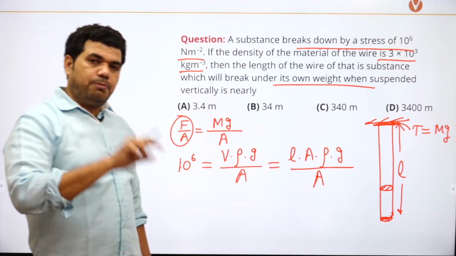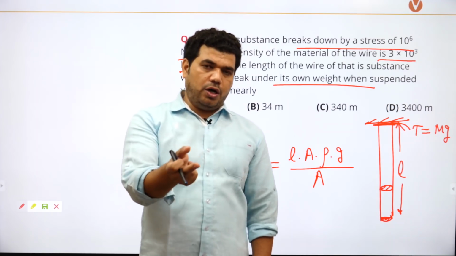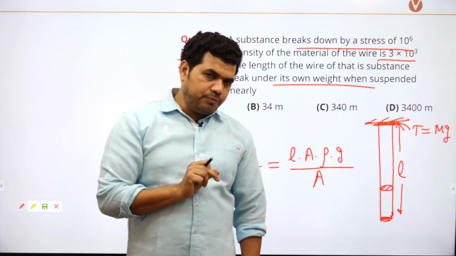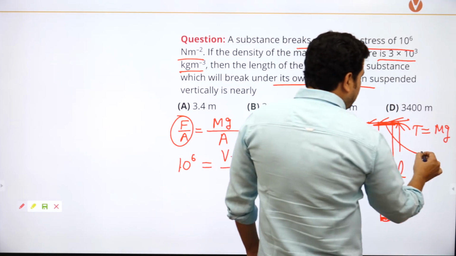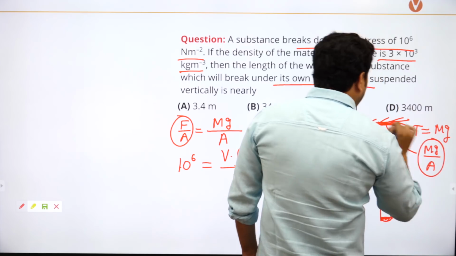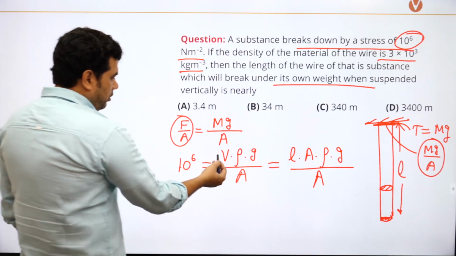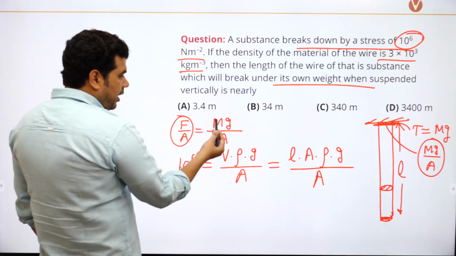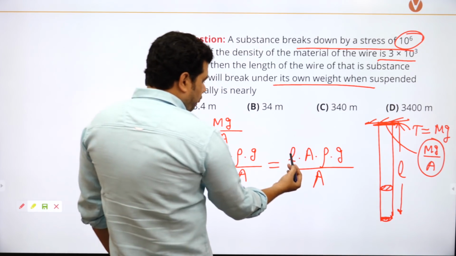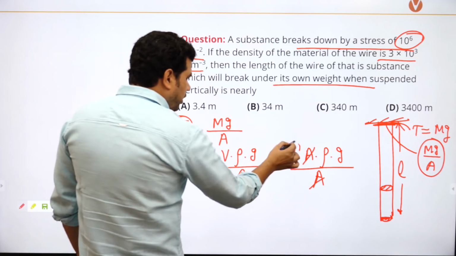And if that tension produces a stress equal to the breaking stress, then the wire will break. So the stress here is mg by A, and this should be limited to 10 to the power 6. M is volume into density, volume is L into A, and A will be cancelled out. So we have to find only L.